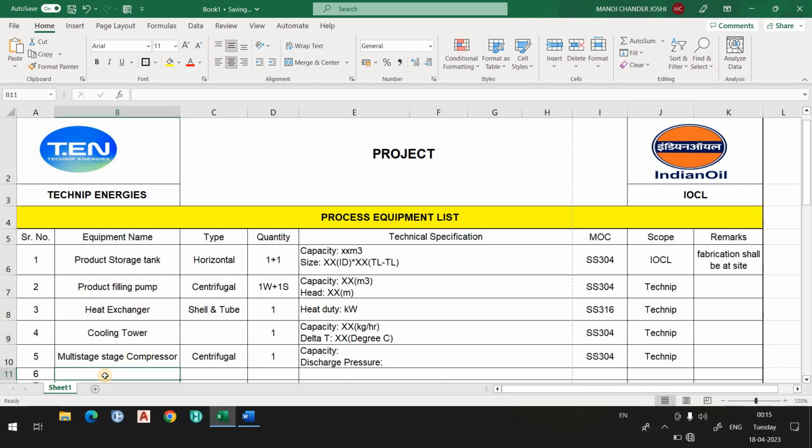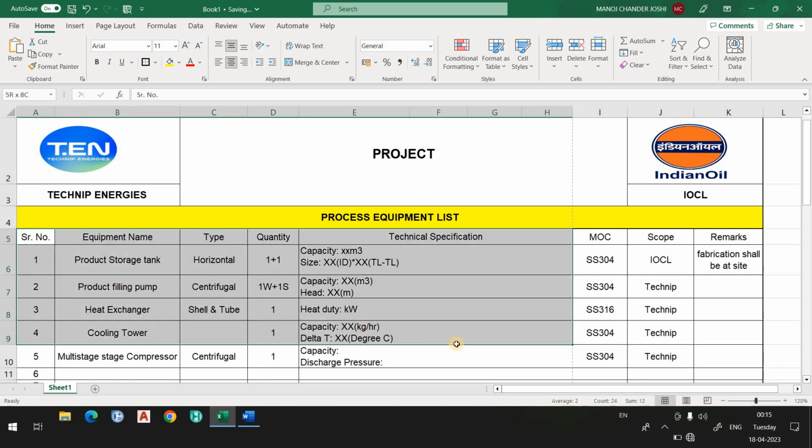Now there could be any other equipment, there could be a separator, a filter, any minor, or not minor, any other process equipment that you are going to use in the project. So that type you will provide here, quantity you will provide here, technical specification you will provide, MOC you will provide.